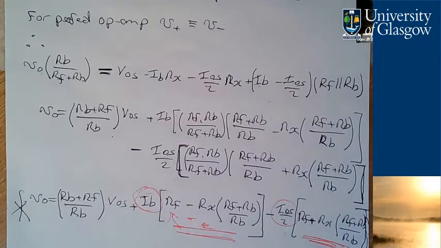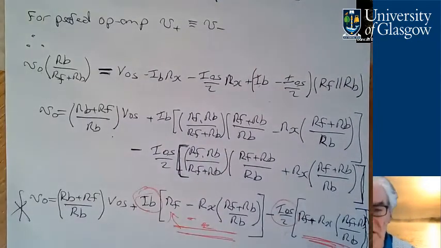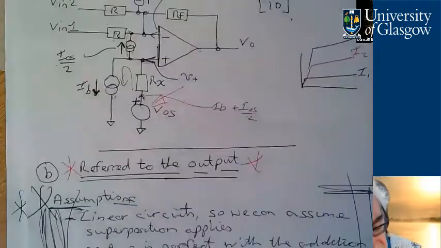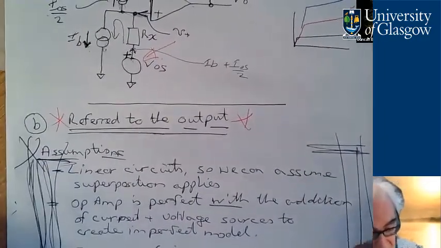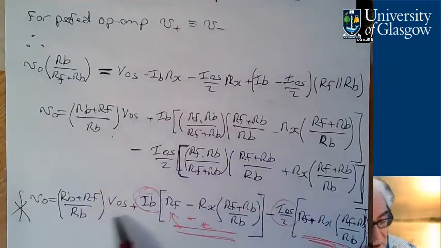So they lost marks because they did the calculation perfectly, but referred the error to the input and not to the output. So please read the question carefully. I don't want to see those exam marks thrown away again. Generally, the things that people failed in this question was they wouldn't state their assumptions and they didn't refer it to the output.